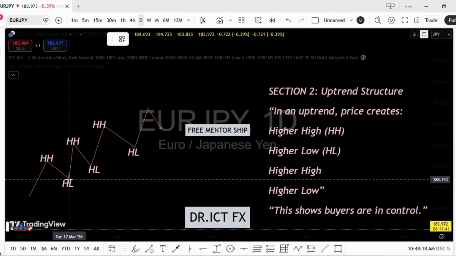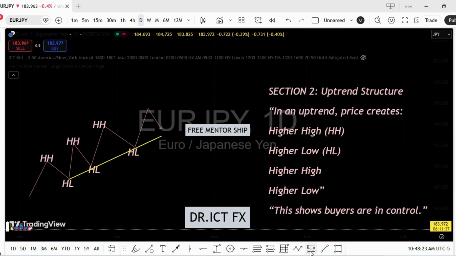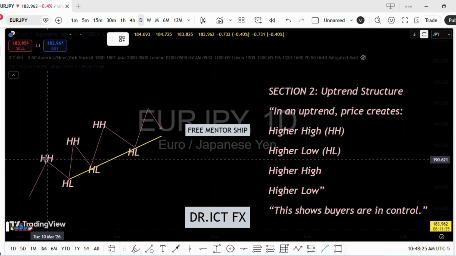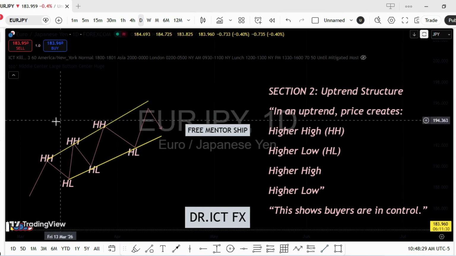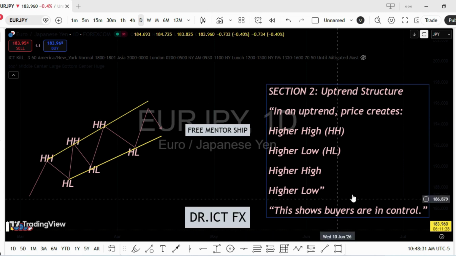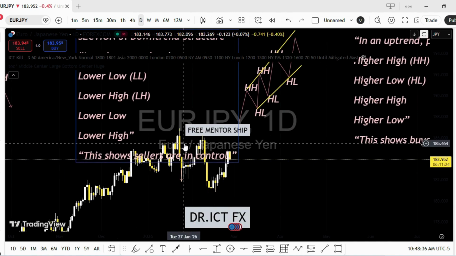Let me point my trend line here. This is an uptrend, as you're seeing me labeling it clearly, and it is in a channel like that. To go on, let me look for the downtrend.